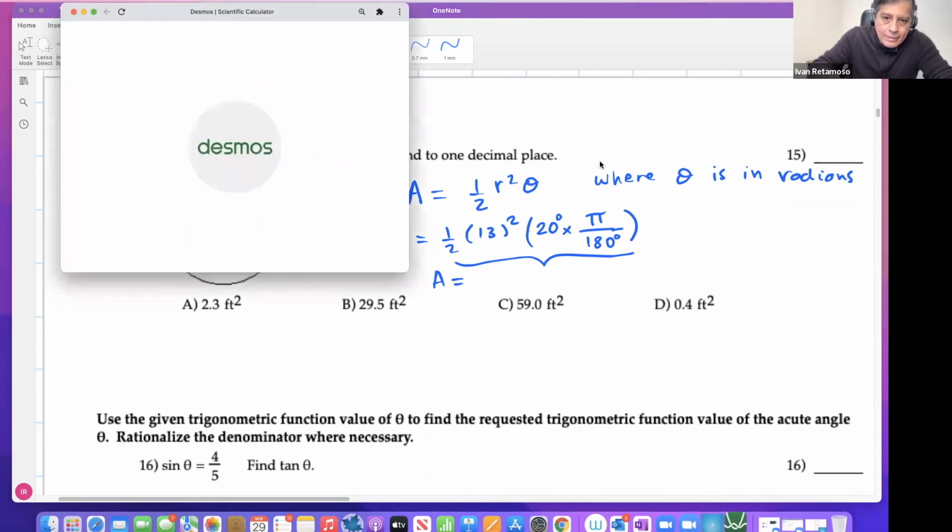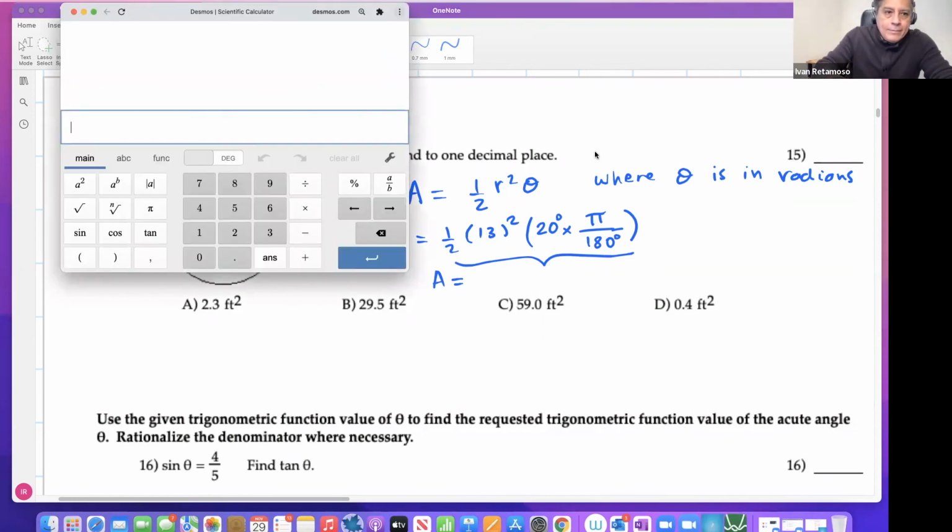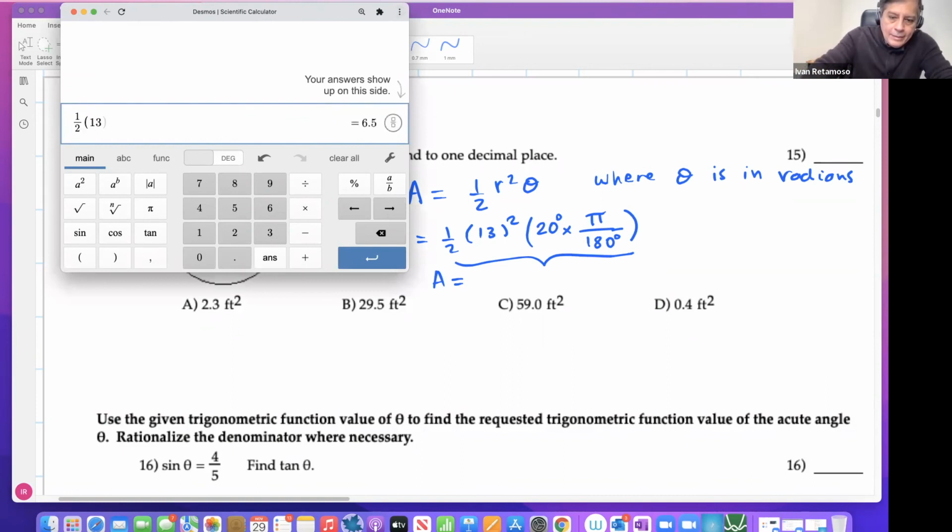Let's follow that. So we're going to have 1/2 times 13 squared times 20 times pi over 180. That gives 29.5 rounded to 1 decimal place.